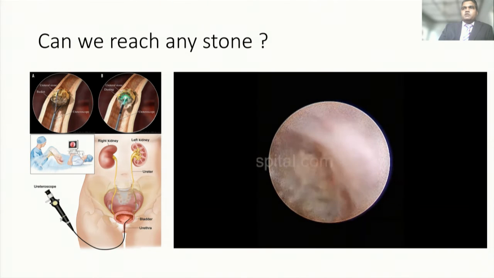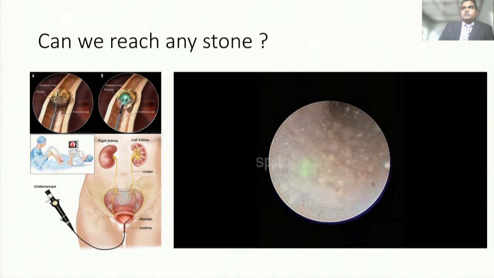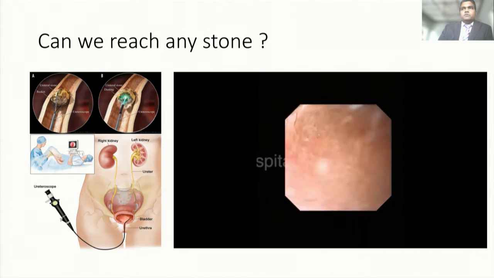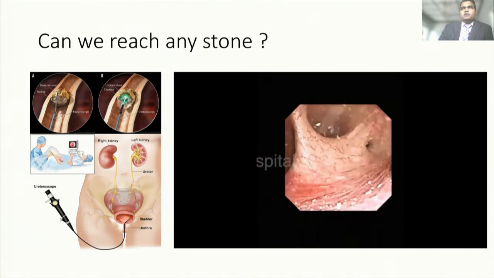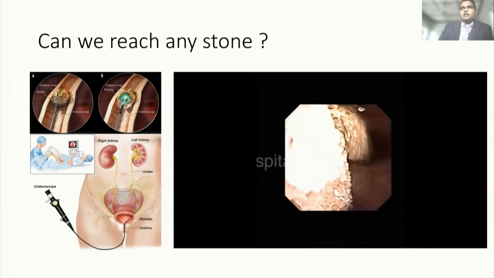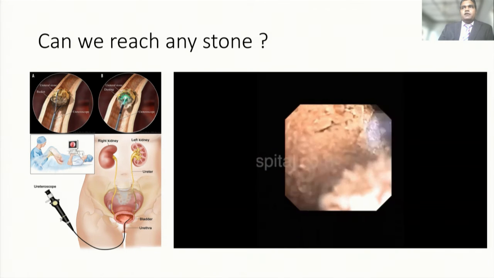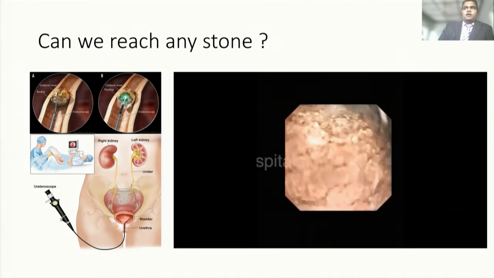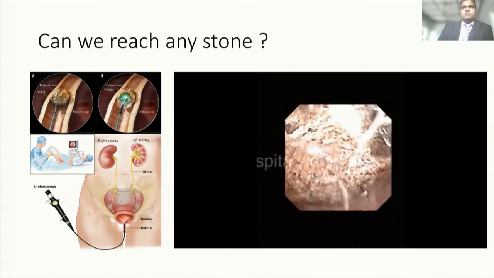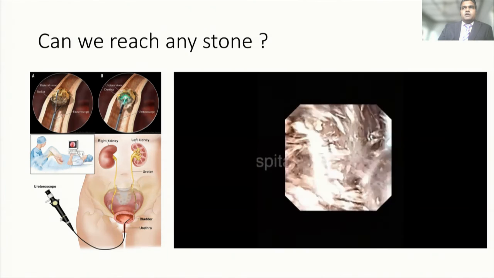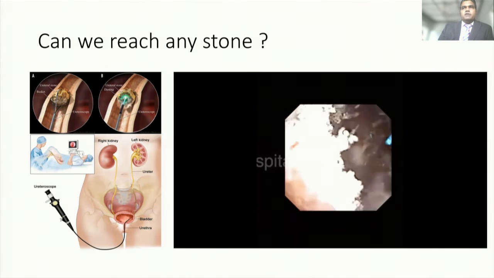With a combination of laser and ureteroscopy, nowadays we can treat any stone anywhere in the urinary tract. It could be in the ureter, it could be in various parts of the calyx. It's just a matter of minutes. You can just go there and laser them. Most of these patients can be discharged on the same day as a day case surgery with very minimal complications.